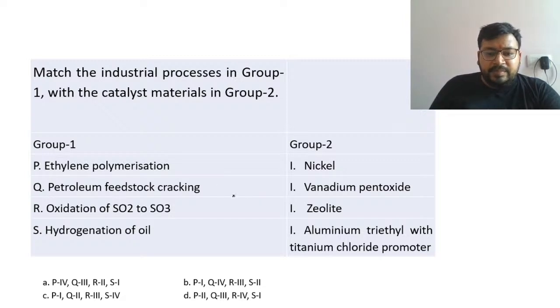And ethylene polymerization is being done by the high pressure process, intermediate pressure process and low pressure process. And in the low pressure process you use Ziegler catalyst, which is nothing but aluminum triethyl with titanium chloride promoter. So that is Ziegler-Natta catalyst used for the ethylene polymerization.